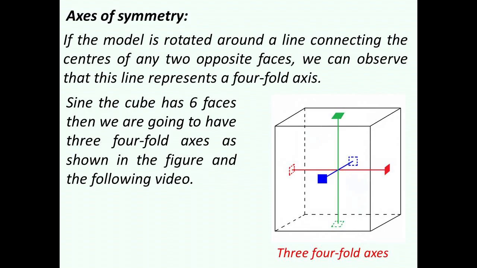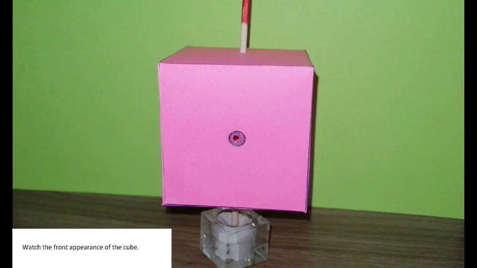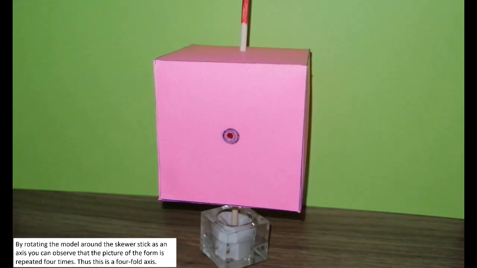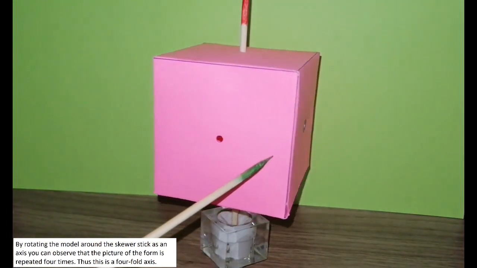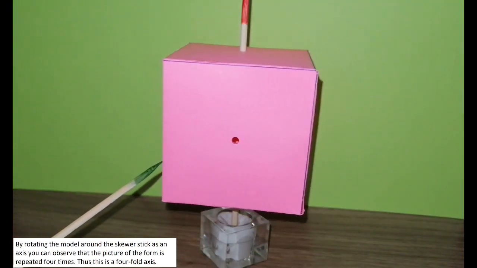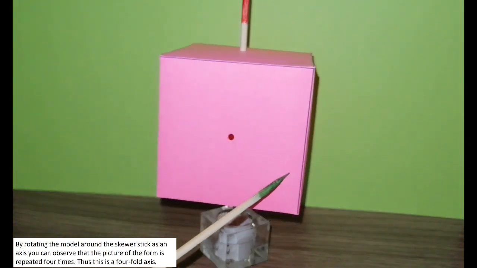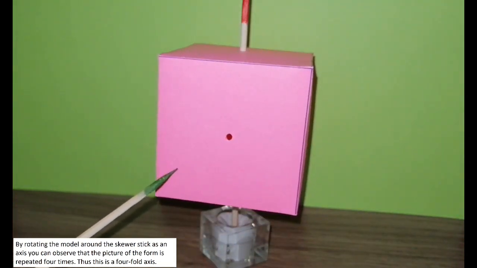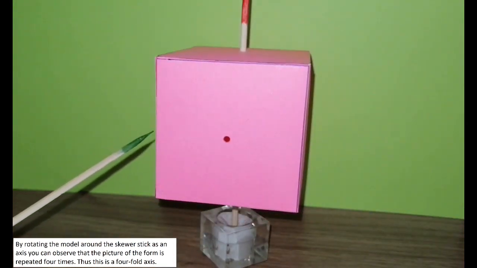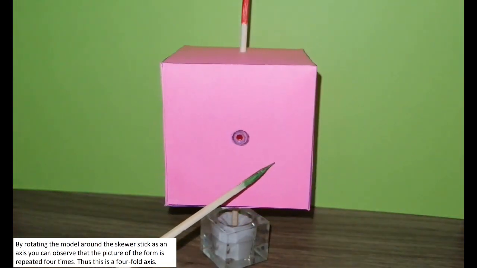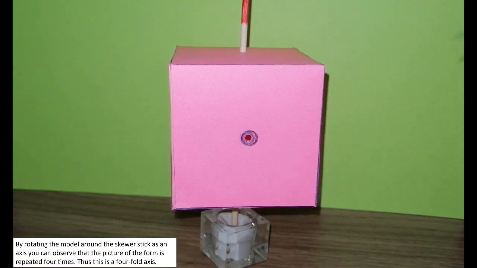and the following video. Watch the front appearance of the cube. By rotating the model around the skewer stick as an axis, you can observe that the picture of the form is repeated 4 times. Thus, this is a 4-fold axis.